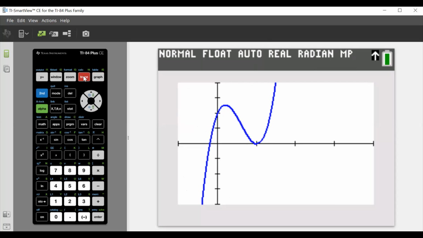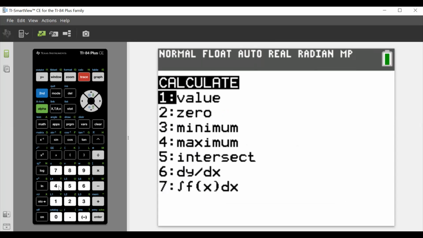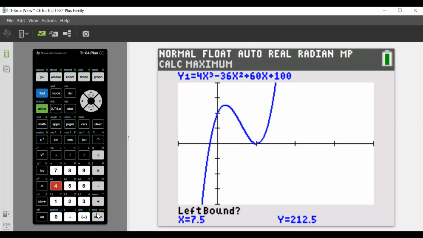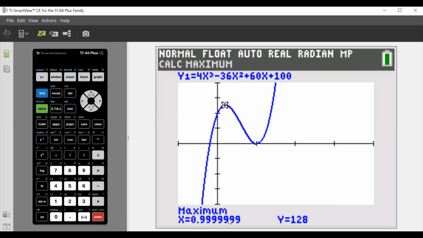So we're going to go second trace, maximize, which is 4. Now we want our left bound, so that will be our left bound. Our right bound will be on the other side, and we're going to guess somewhere in the middle. And so our max is going to be x equals, I'm going to call that 1, and our maximum volume is going to be 128.